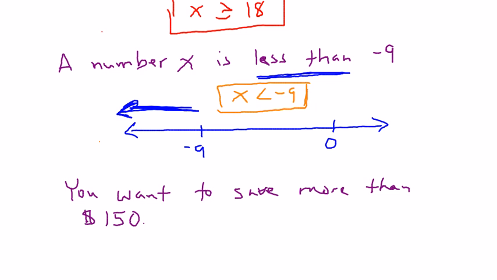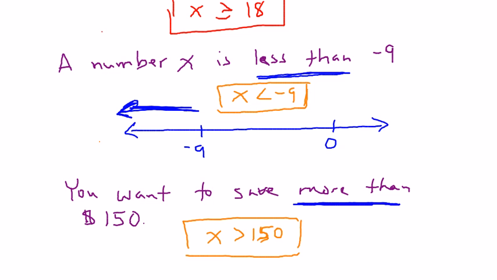Okay, so the key words here are more than, right? So if you want to save more than $150, how much money do you want to save? Well, the amount of money you save, we can call that x. If we want to save more than $150, that means we want to save an amount that's greater than $150, right? So x is greater than $150. Any number greater than $150 would satisfy this inequality.